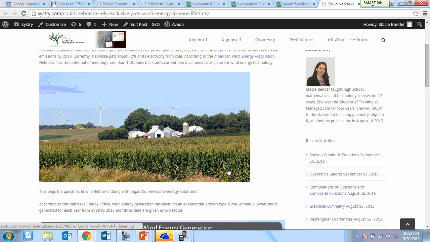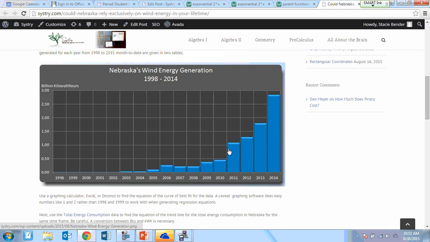So if you go to the Nebraska Department of Energy, they have a graph and tables of data that tell you how many billion kilowatt hours of energy we have been generating over time. We started out doing this in 1998 when the first turbines were put in. And as you can see, it looks like we're growing, right?